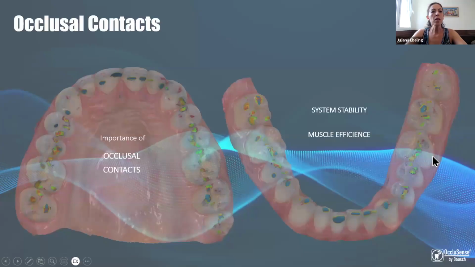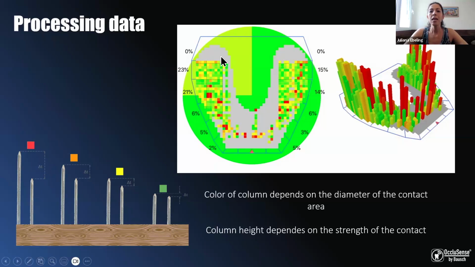After understanding this, let's come back, and the system shows us a little more information about the balance between these registered contacts. The system divides the mouth into four quadrants, four regions, and shows us the balance between these regions.